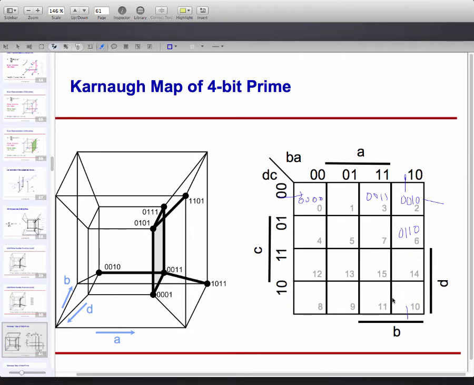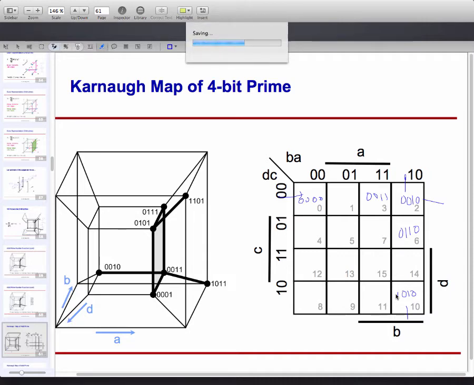And finally, the bottom one is 1, 0, 1, 0, which too is a neighbor because it only changes for value D. So neighbors in my cube are also neighbors in this grid as long as we are willing to say that neighborhood also implies wraparound.